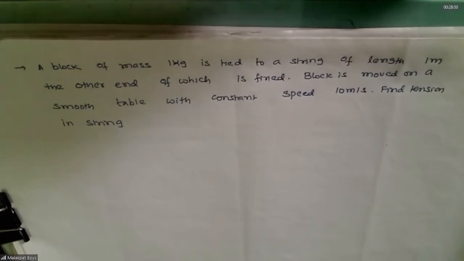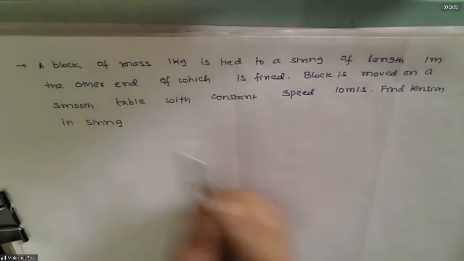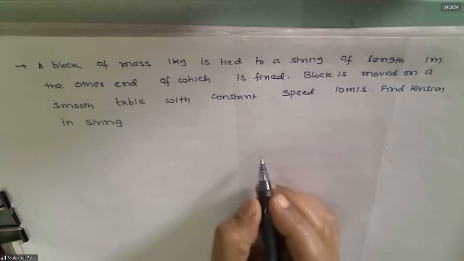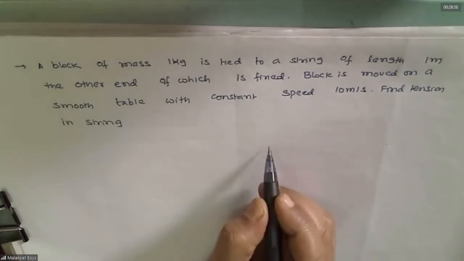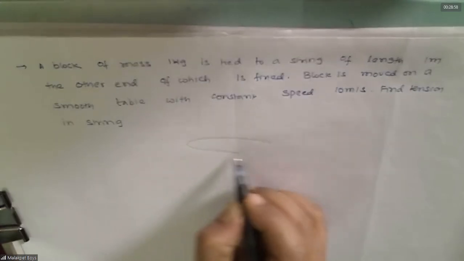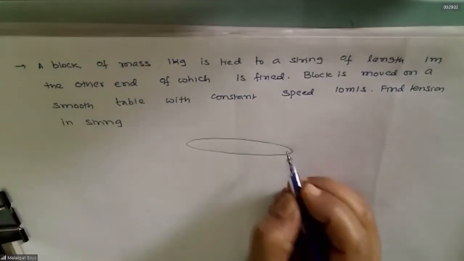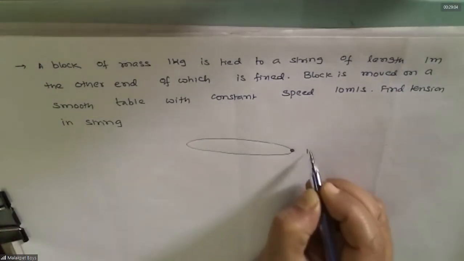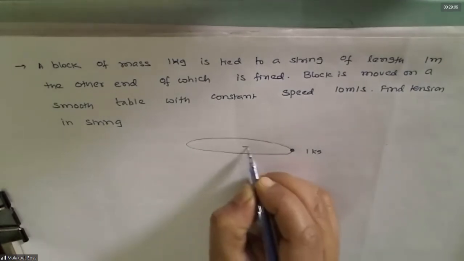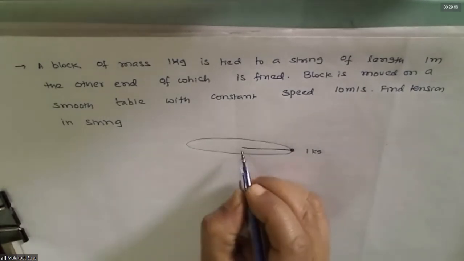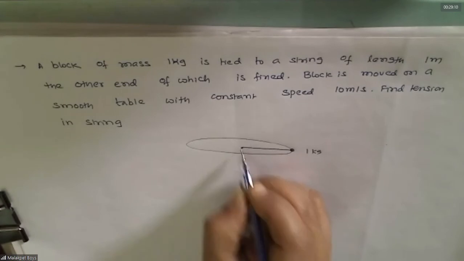See here, the table is horizontal. This is 1 kg. It is tied to a string fixed here.